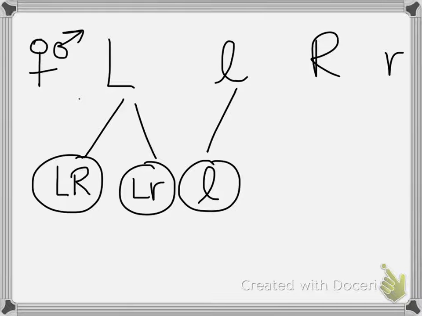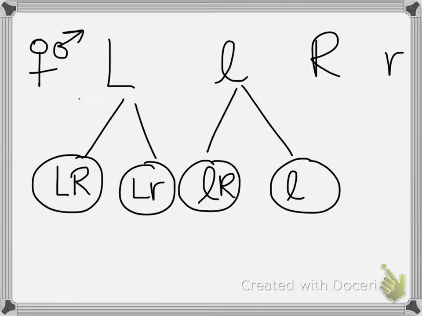For every little l egg, 50% chance it's going to get a big R, 50% chance it's going to get a little r. So the 4 possible combinations in our gametes: dominant, dominant; dominant, recessive; recessive, dominant; recessive, recessive. Good so far? These are the same combinations possible in the eggs and the sperm. So in the flower ovary and in the pollen, since we're talking about plants here.